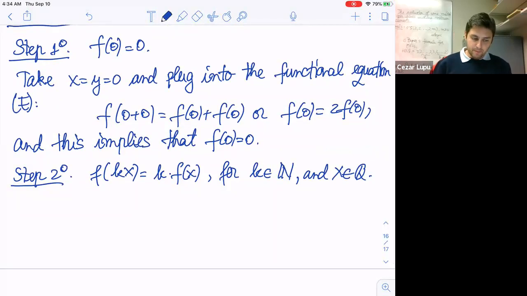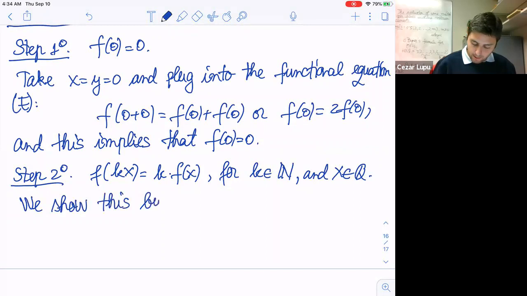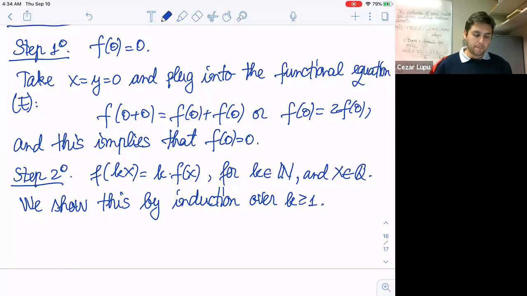So we will prove this by induction over k.